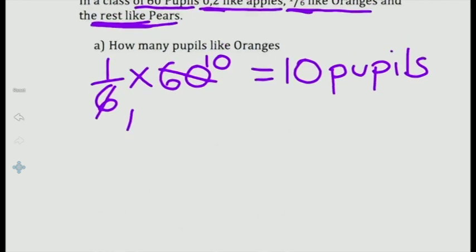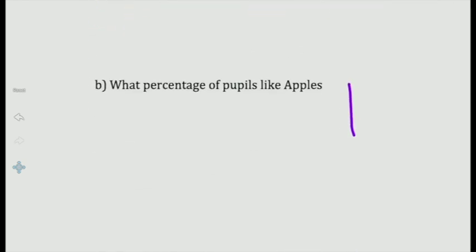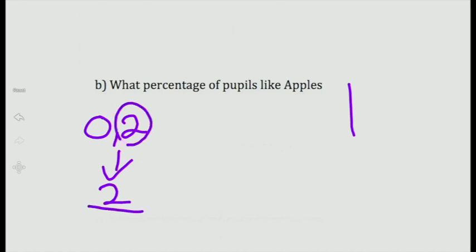So our fraction for those who like apples is 0.2. 0.2 is a decimal fraction. So we need to convert the 0.2 into a common fraction. We take the 2 as our numerator, comma as your 1, and how many numbers after the comma? Only 1, that is 2 over 10.